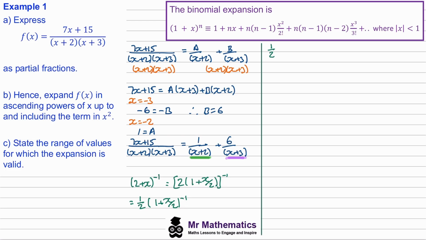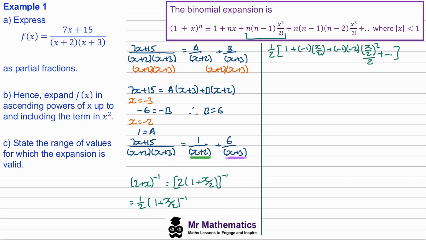So we'll have 1/2 multiplied by the 1 plus the n term, which is this -1, multiplied by the x term, which is the x over 2. And then for our x squared term, we'll have n multiplied by n minus 1, multiplied by the x term squared, divided by 2 factorial.